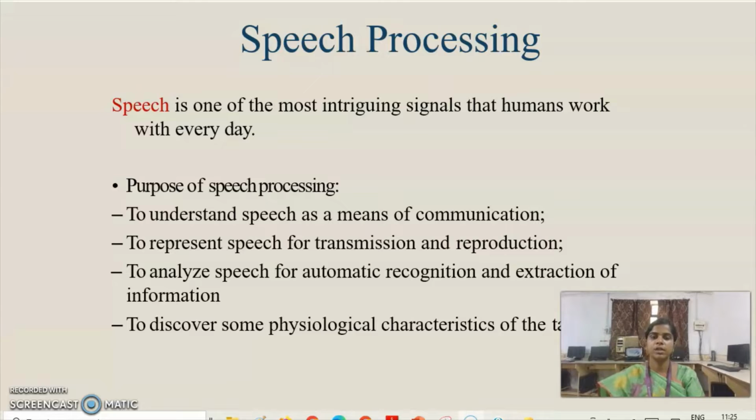We need speech processing for better means of communication, to represent speech in the form of coding for transmission and reception, and also to analyze speech for automatic recognition of speech signals and to extract unique features from speech, to discover important physiological characteristics of speech. So we need speech processing to get into the details of speech signals.